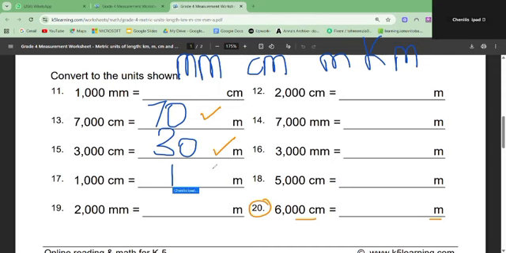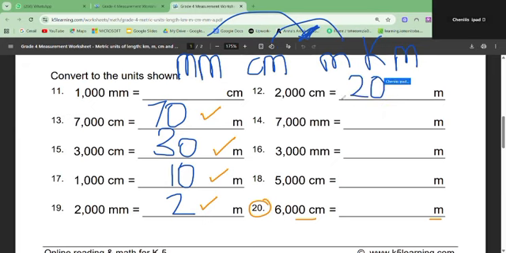And then 10. 2,000 divided by 10 is 200. Centimeters to meters, 20. Divided by 10 is 700.